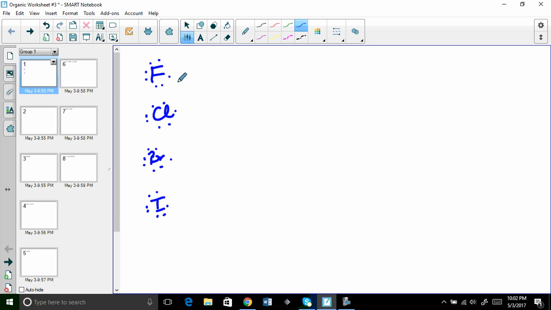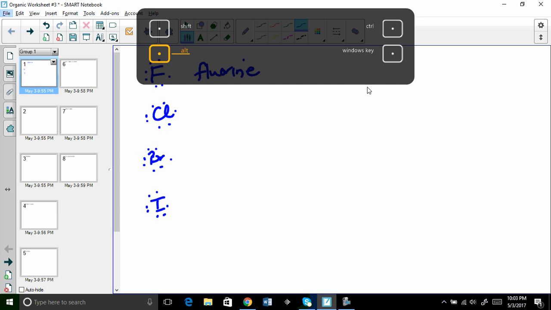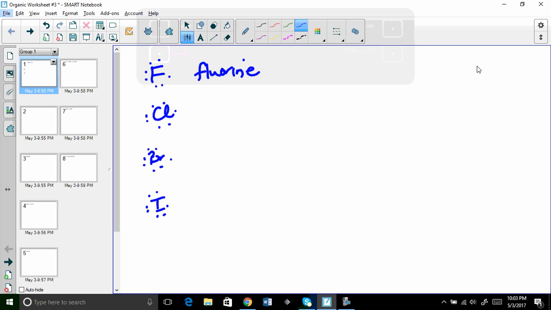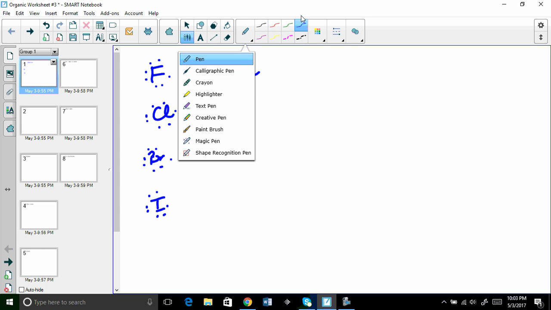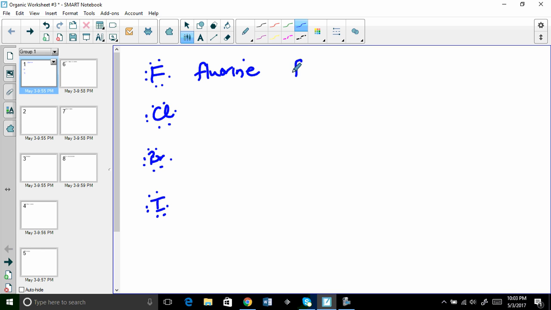And so in inorganic chemistry, this is called fluorine, and this is called chlorine and bromine and iodine. But in organic chem, when these hook on to the parent alkane or the trunk, the name for this is fluoro.